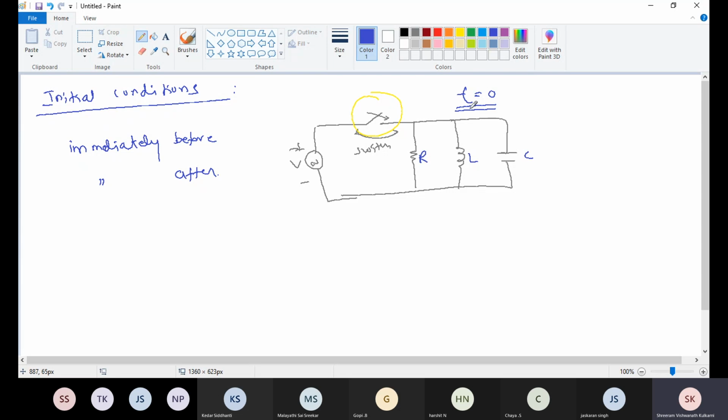The sign immediately before the closing of the switch we assign with a negative sign. Immediately after closing the switch, I am going to assign a positive sign.